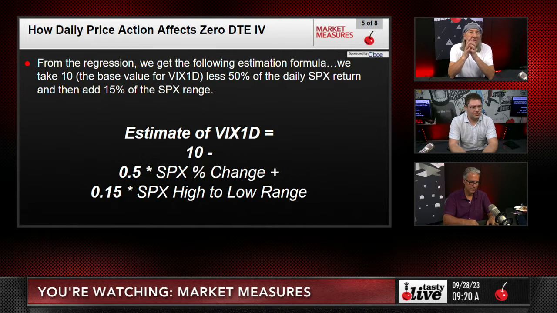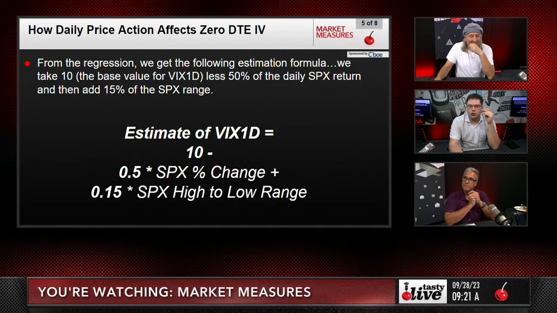So from the regression model, we get the following estimation formula. We take 10, the base value for the VIX 1-day, less 50% of the daily SPX return, and then add 15% of the SPX range. So basically, what we found is that the 1-day VIX is significantly more sensitive to the range that the S&P has than to the actual percent change or the directional percent change of the SPX.